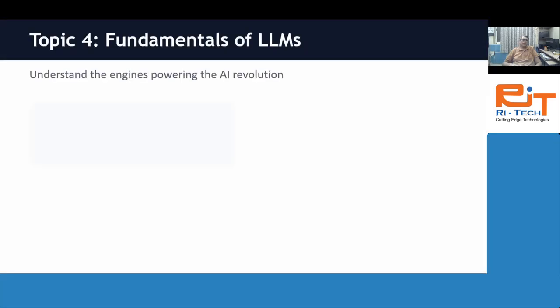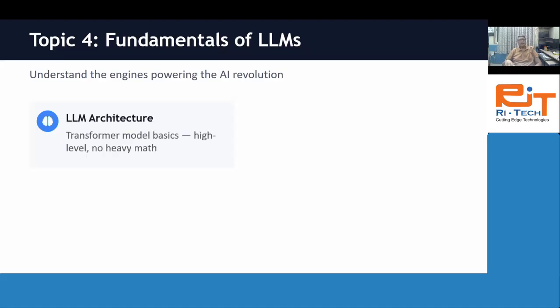Here we'll cover the fundamentals of LLMs. Understand the engines powering the AI revolution, how AI was revolutionized using LLMs. Then LLM architecture: what is context, what are tokens, what are parameters, what is the transformer model.